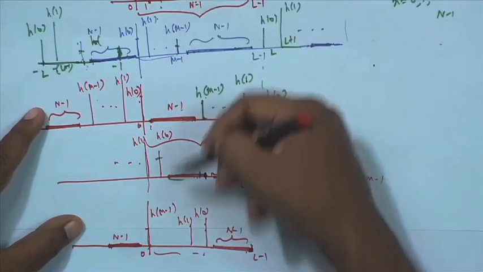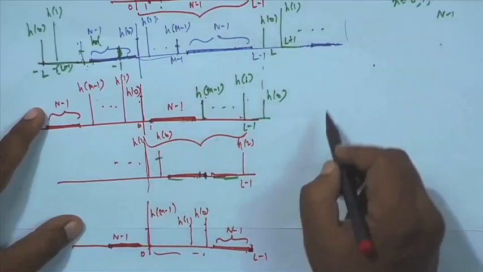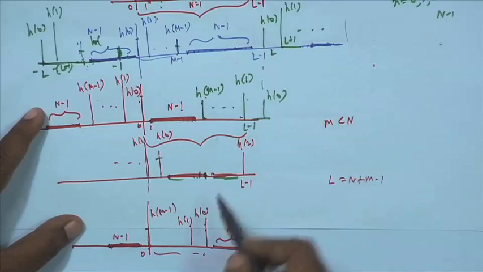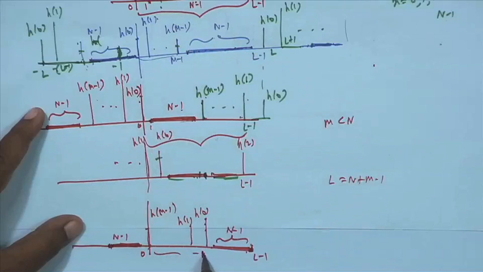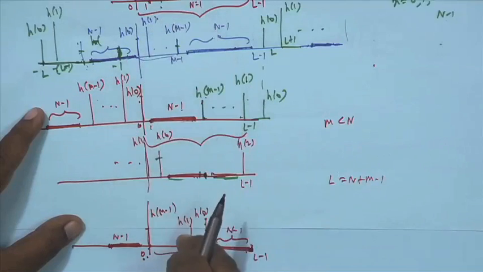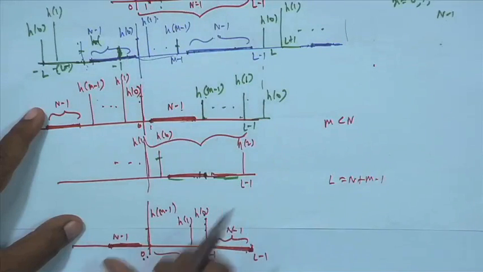And now, if you do the sample-wise multiplication, assuming m is less than n, h 0 will multiply some data here, because it is m minus 1, it is 0, at the m minus 1th point h 0, at the 0th point m minus 1. This will multiply some data, this will multiply some data, like that you get some value, okay. And then this is 0, okay.